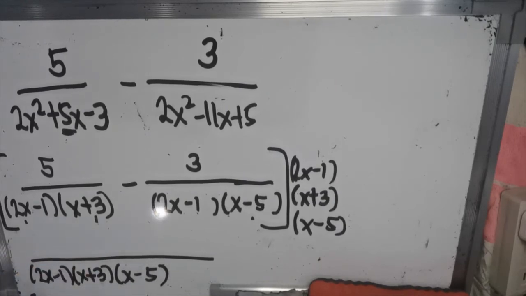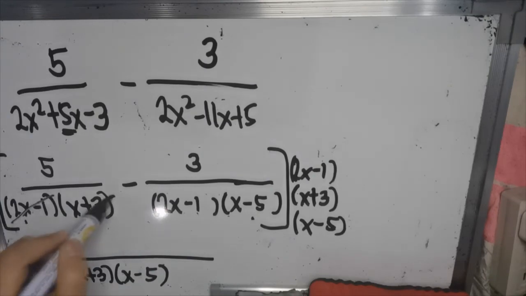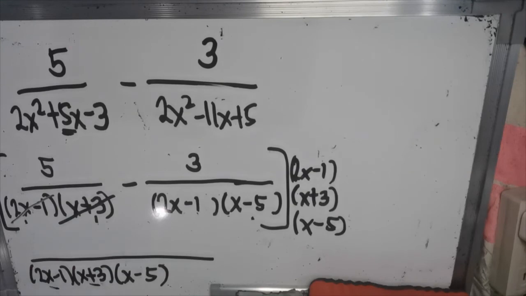And then, there. We divide, then multiply. So, 2x minus 1, x plus 3. Actually, that can be cancelled here. Right? So, what remains is x minus 5. So, that will be 5 times x minus 5. Minus. So here, 2x minus 1 cancels. X minus 5 cancels there. What remains is x plus 3. So, x plus 3 times 3.